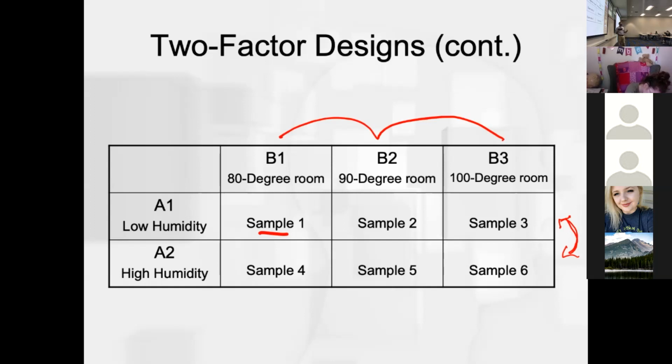But then it also allows me to see the interaction. Maybe humidity only really affects people when it's 90 or 100 degrees in that room. Right? Maybe there's no effect for humidity when it's 80 degrees, and temperature doesn't really affect athletic performance if there's low humidity. But when you get to high humidity and high temperature, then you start seeing a performance effect.